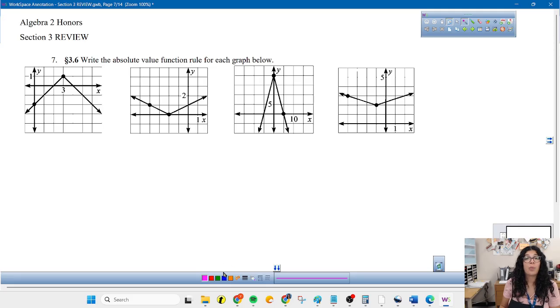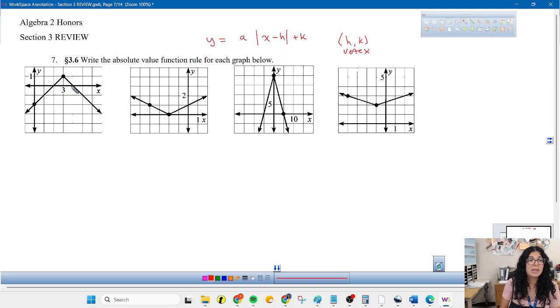Next, I want us to go ahead and write the absolute value for the graph. Remember that the general form for the absolute value is y equals a times the absolute value of x minus h, plus k. h, k is normally our vertex, but remember that in the equation it will look like the opposite of h.